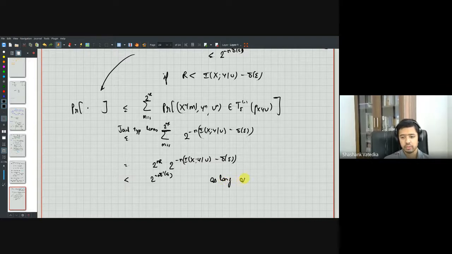So as long as R is strictly less than I(X;Y|U) minus some delta of epsilon.